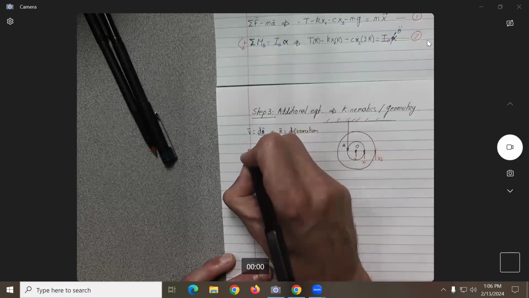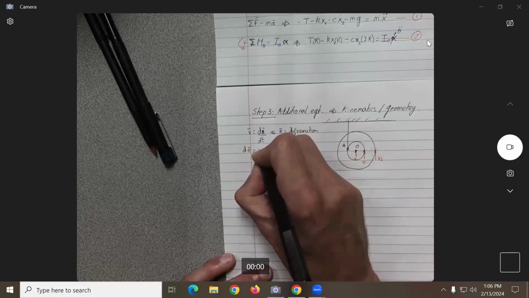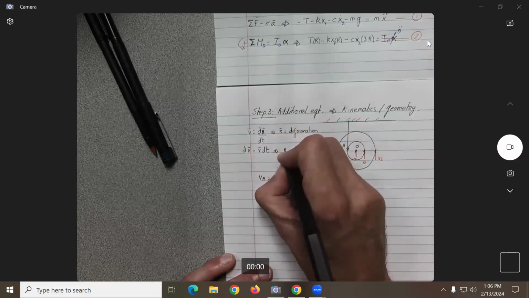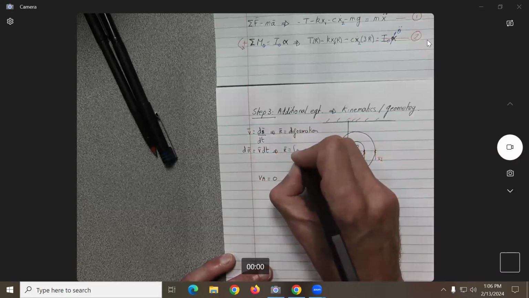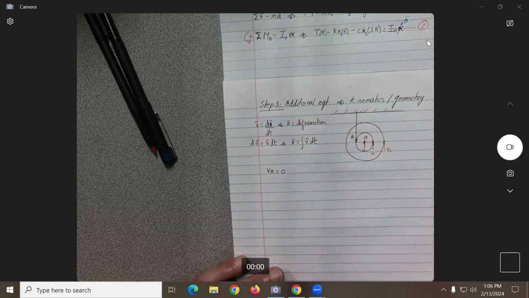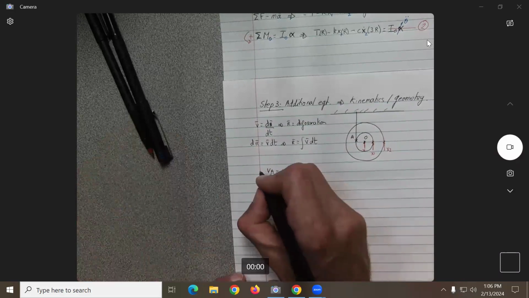So we can determine R. We have dR equal to V dt, which means we can find the deformation by just integrating the velocity. I know there's an easy way to do this. So VA equals 0. What can we do now?